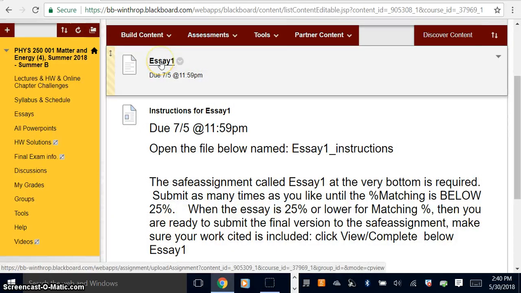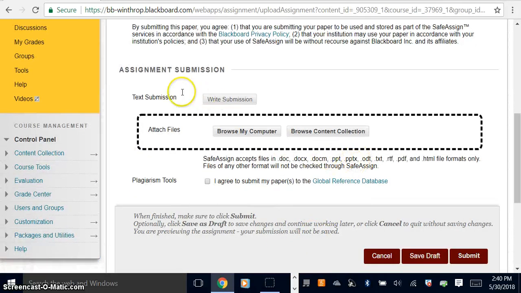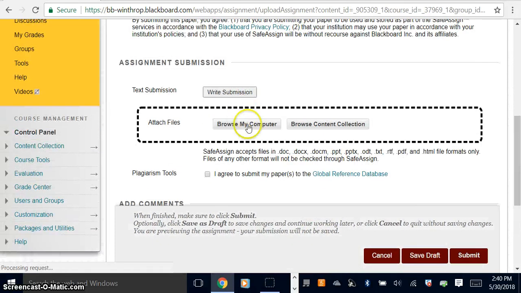Okay, so you just do it the same way you do the homework. You click here, and scroll up a little bit, and then go into the browser, and you'll have it, for example, on your desktop or something like that. Make sure you do it in a Word document, because this submission, unlike the homeworks, is kind of like Turnitin.